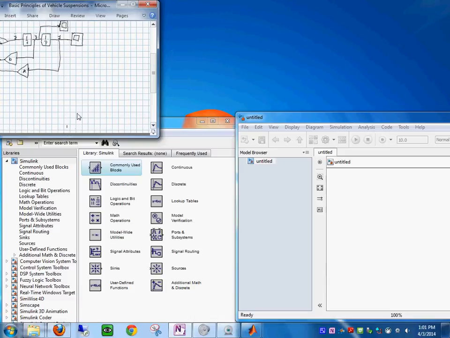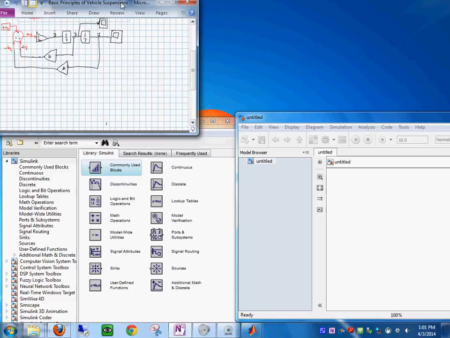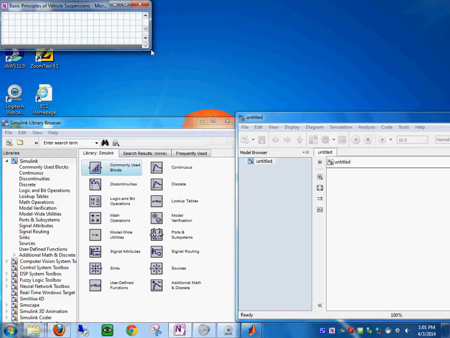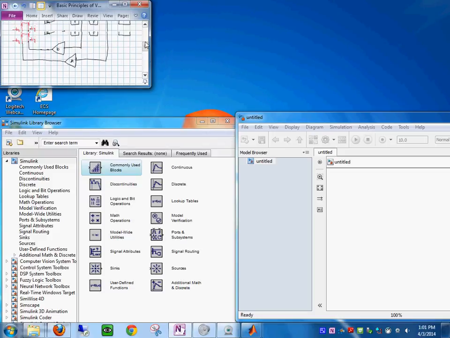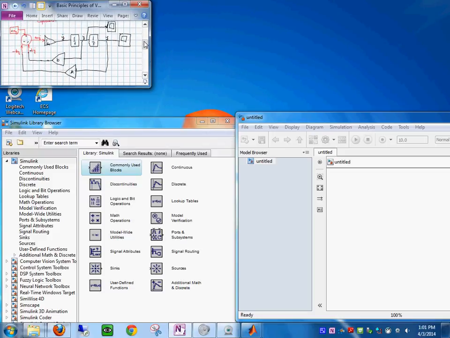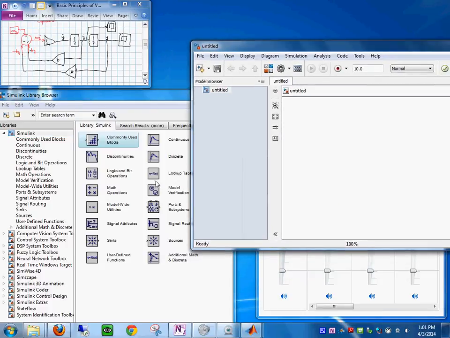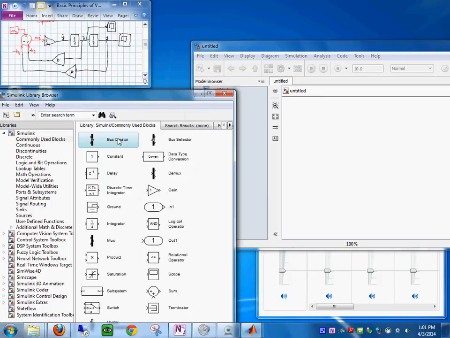Okay. There you go. See there, that's all I need. I need a small one. So what we do is we go to the commonly used blocks and we'll bring all these things.